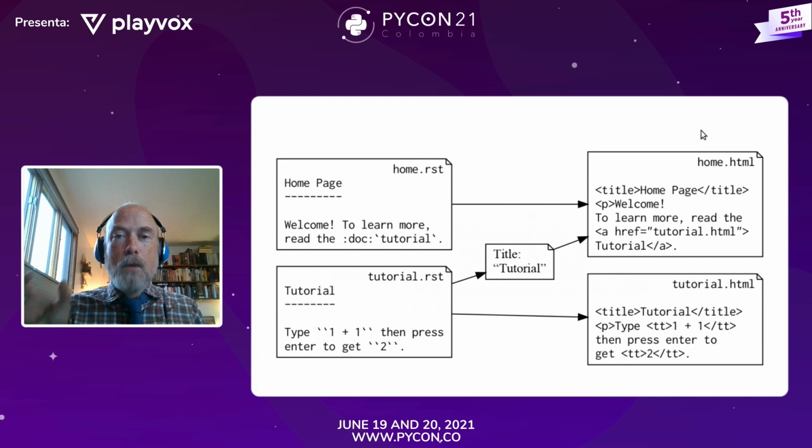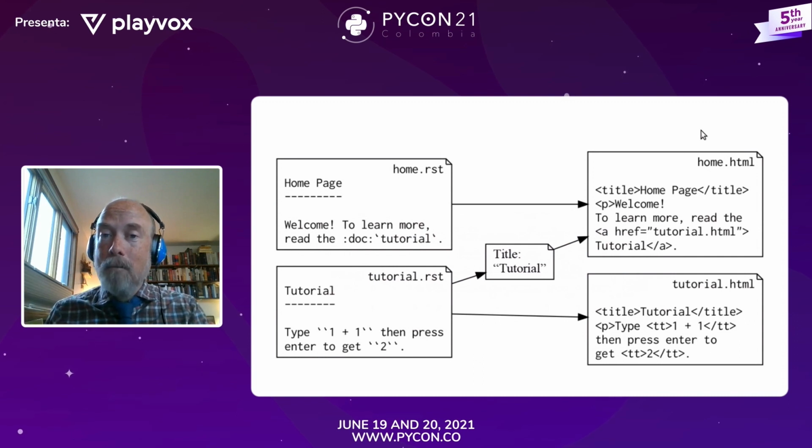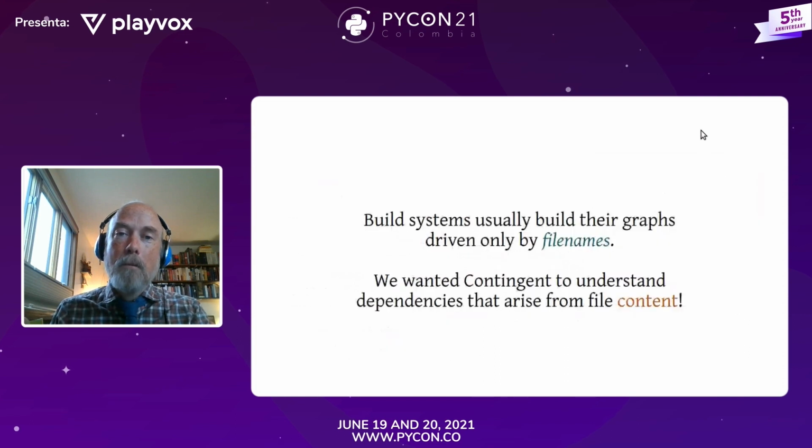We wanted to be able to introduce explicitly the dependency between the text of tutorial.rst that generates a piece of information, the document's title, that is then depended on by home.html. This is the end goal.